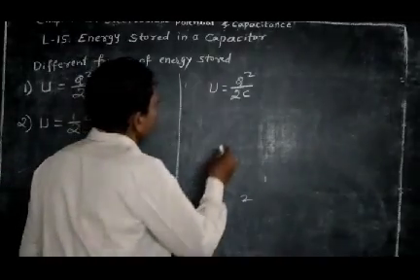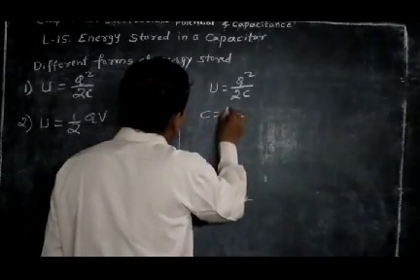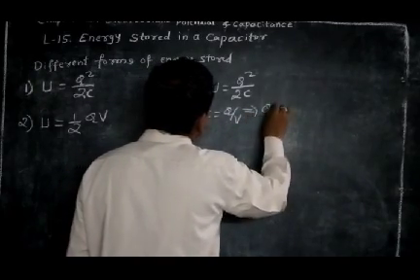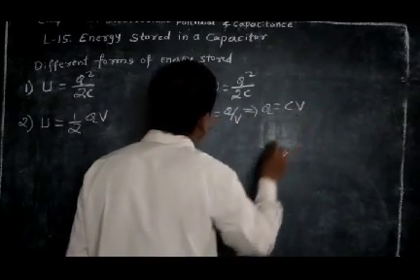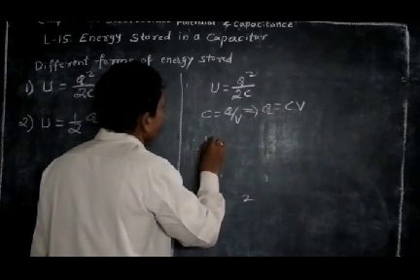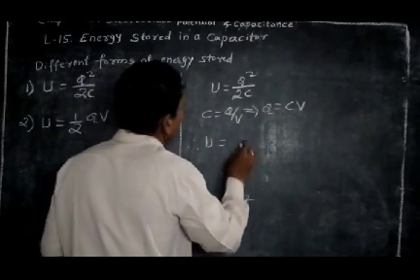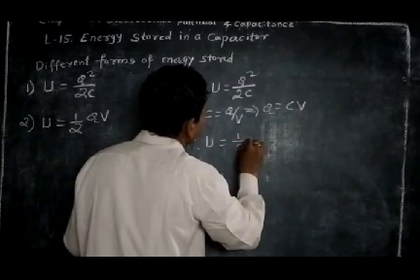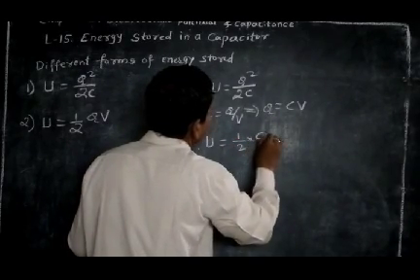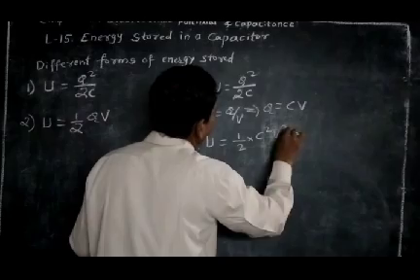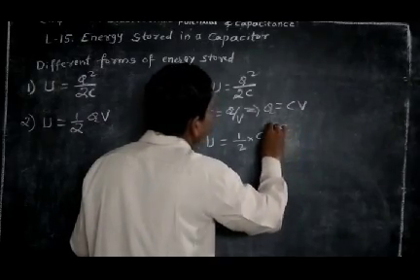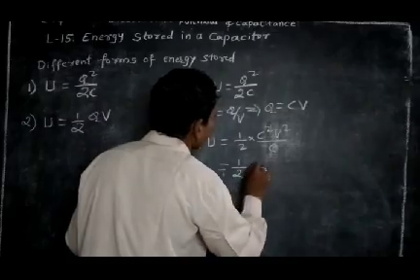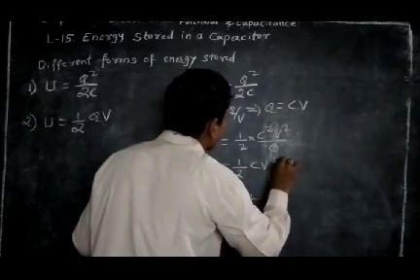Since C equal to Q by V, therefore here we can replace Q by CV. That is C equal to Q upon V. This implies Q equal to C into V. Therefore, U equal to Q replaced by CV, 1 by 2 into C square V square divided by C. Here C gets cancelled, remaining half CV square.